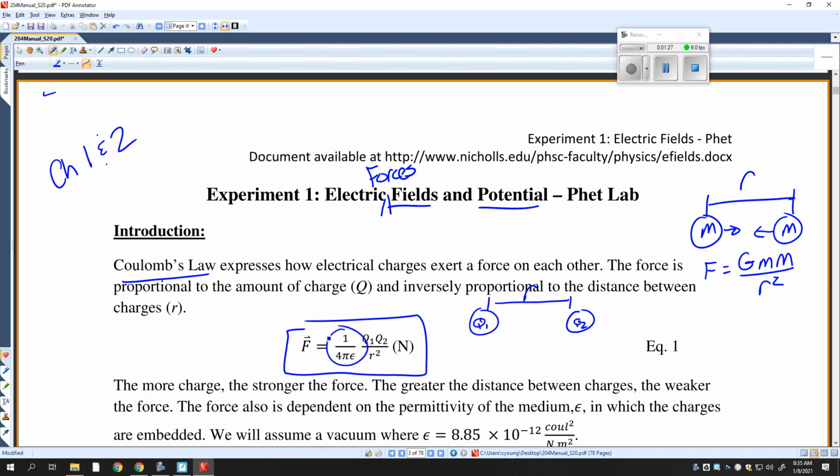Now here, this is a constant, which is kind of akin to the gravitational constant, not the same, of course, but analogous to it. And we're going to use the symbol k, 1 over 4 pi epsilon naught. So that is our symbol k, our Coulomb's constant, we'll call it.